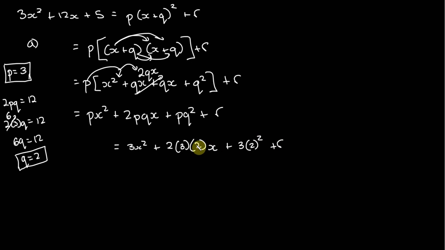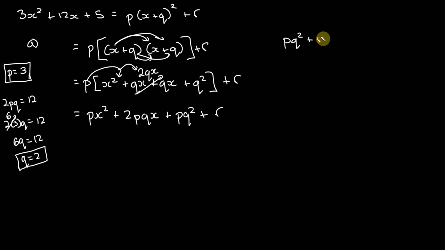The problem with this is that we still have the unknown variable x. We don't know the value for x, and so we still have two unknown variables. A much simpler way to find r would be to look again at the left hand side of this equation, and we have pq squared plus r must equal 5.